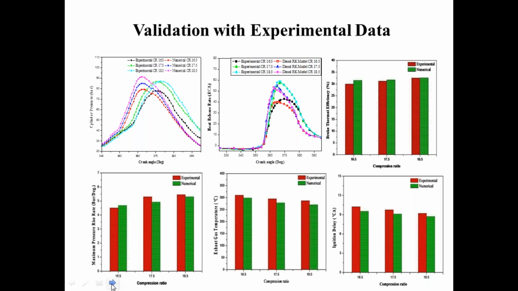The second one is when another researcher has already done the experiment in the last few years, so we have to take that experimental data, do the simulation, and compare this experimental result with our numerical result. This experimental procedure was conducted on the premises of the advanced IC engine lab at NIT Manipur.